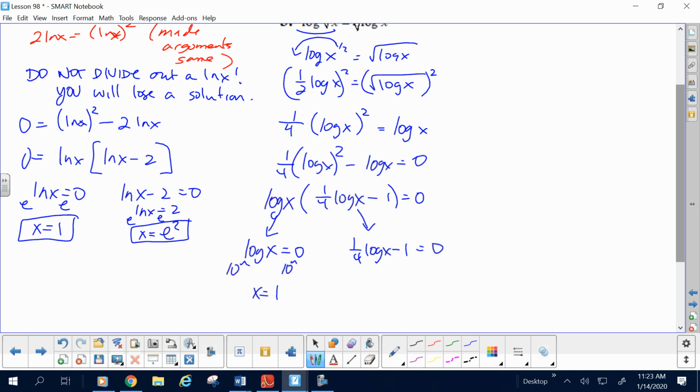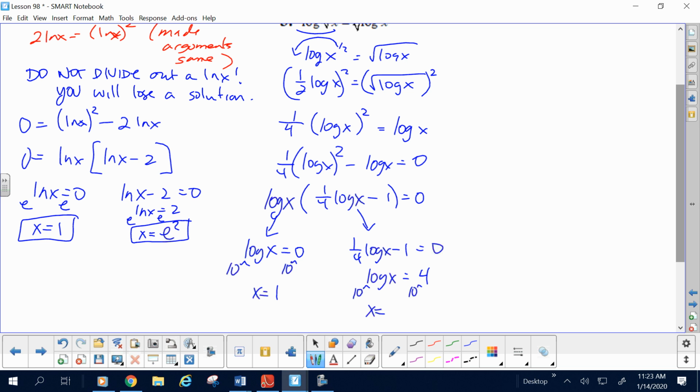Move the 1. Divide by 4th would be better. Multiply by 4. Let's do those two. Do you agree that if I move the 1, multiply by 4, I'd get log of x needs to equal 4? Which means then I get rid of log by 10ing it, or also known as exponentiating it.